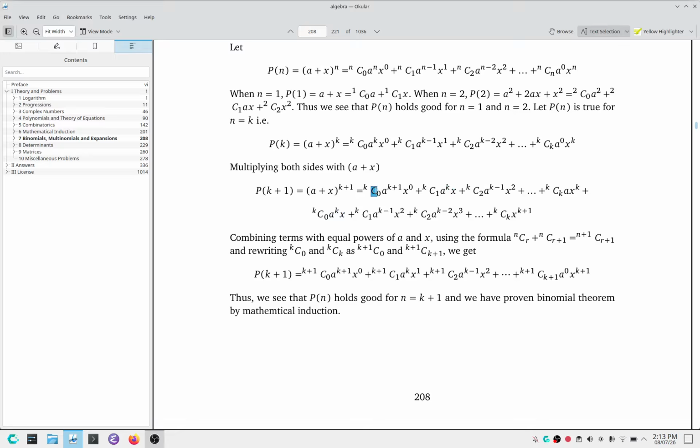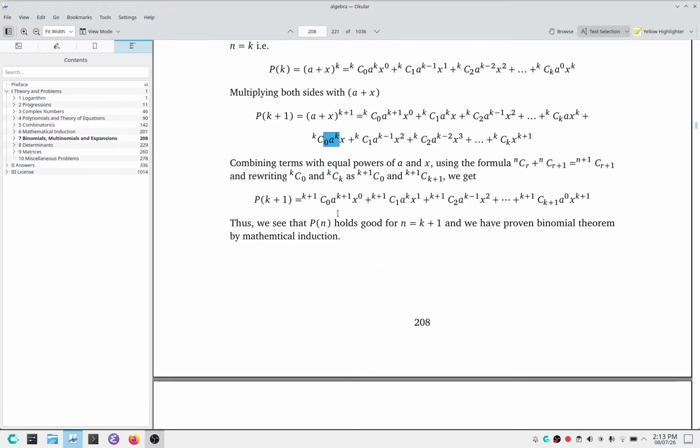We will write kC0 as k plus 1 C0 and kCk as k plus 1 C k plus 1. And we will use the formula nCr plus nC r plus 1 is equal to n plus 1 C r plus 1. So we combine this with this, we get k plus 1 C1.